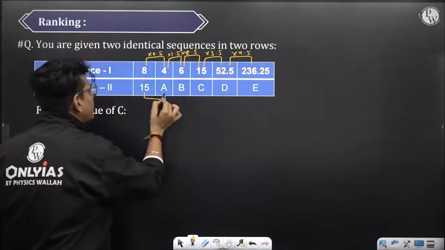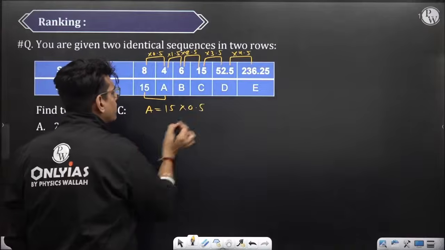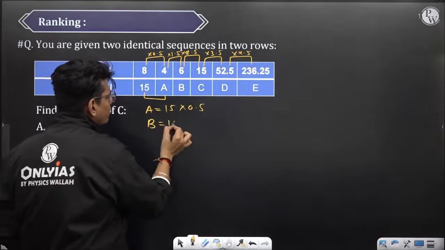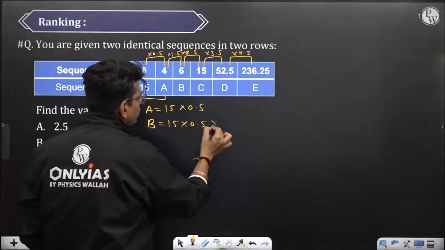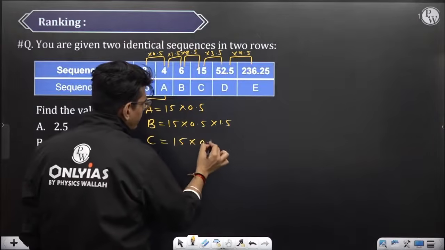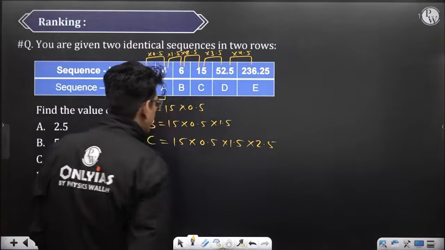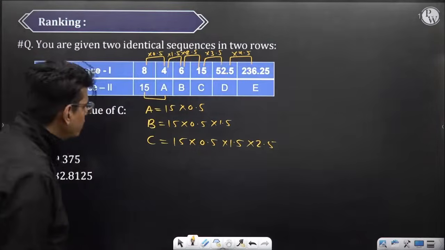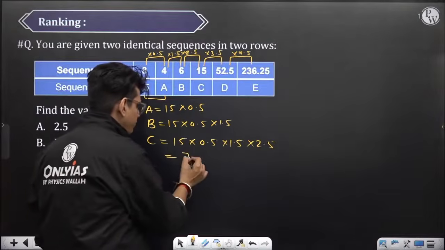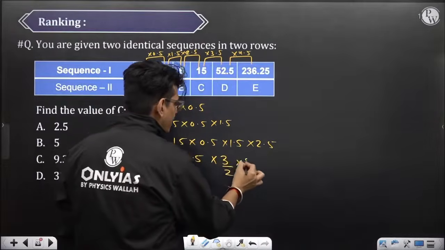So A will be 15 into 0.5. B will be 15 into 0.5 into 1.5. And C will be 15 into 0.5 into 1.5 into 2.5. So 15 into 0.5 is nothing but 7.5. 7.5 into 3 by 2 into 5 by 2.